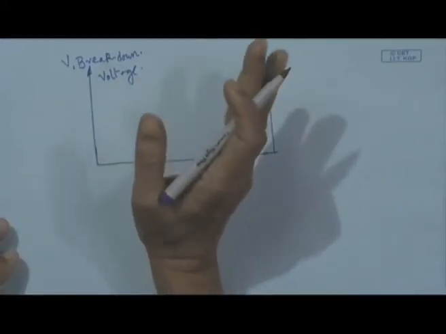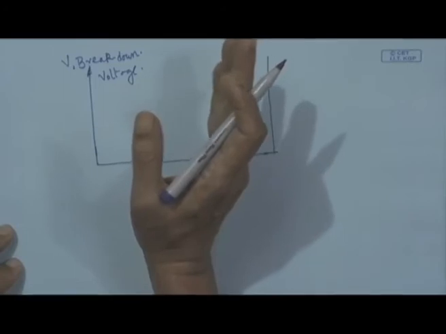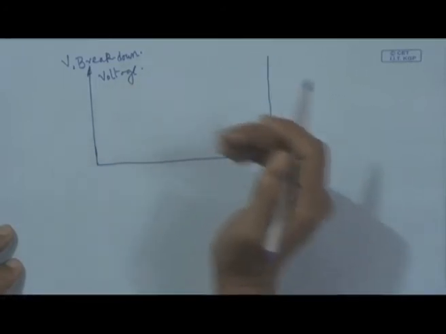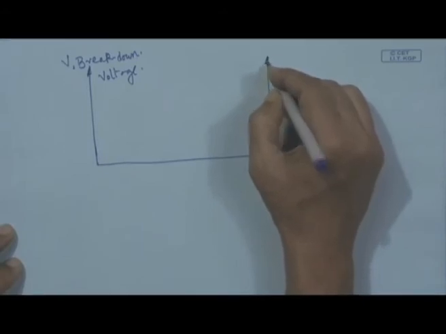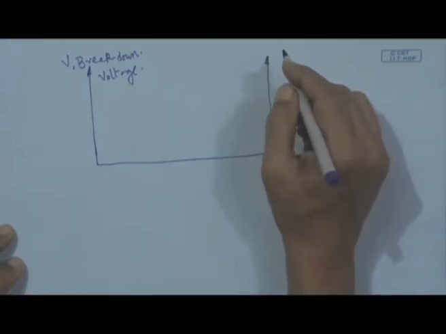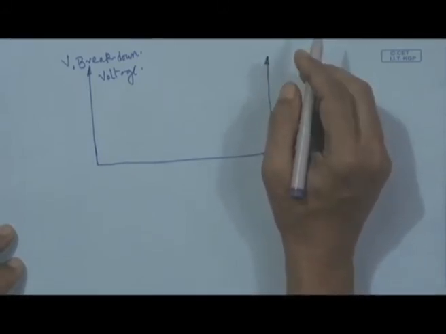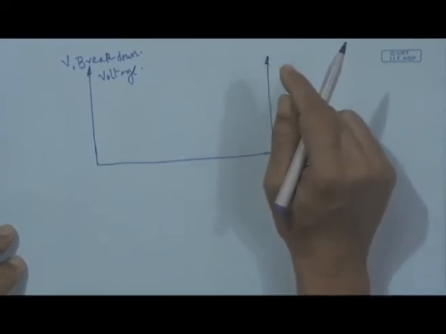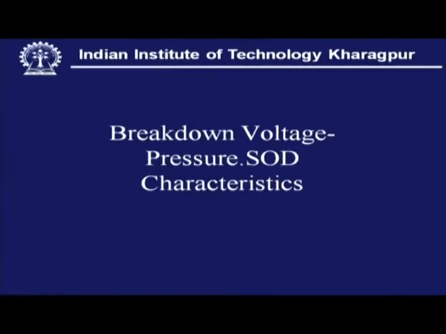That means inside the chamber we have the cathode and the anode, and a discharge is going to occur. This discharge is initiated at the point of breakdown voltage, and that is the threshold value. But this is not independent of anything, it depends upon a parameter.